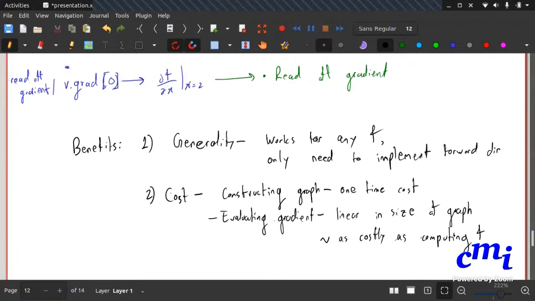Correct. So you are incurring some one-time cost of constructing this graph, which is also not very large, but that is there. But then every time you want to calculate a gradient, the cost that you see is only as much as the cost of the actual forward direction computation, right?